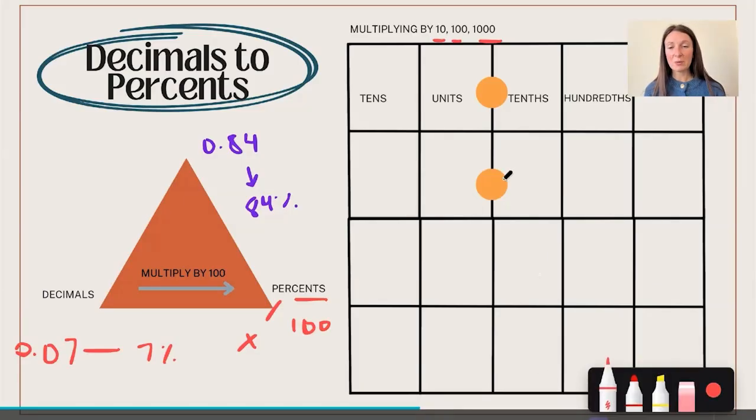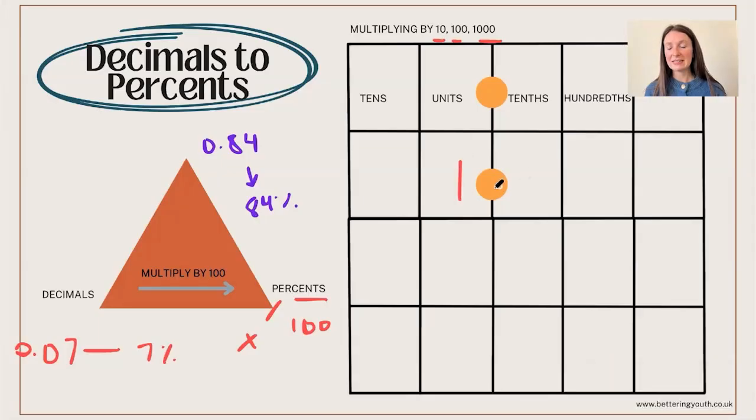So when we are working, we may even see 1.32. And we need to multiply that by 100. Now I don't even have the boxes for it, so we're still going to go through the process though. We're going to multiply it by 100, which means all of our numbers move over 2 spaces to the left.